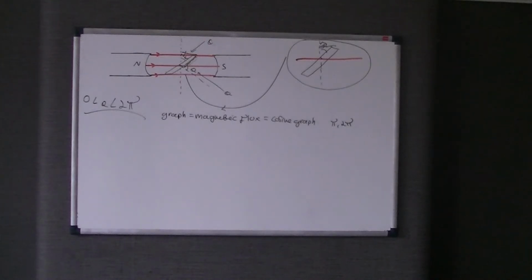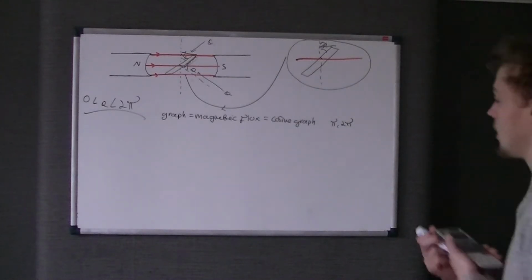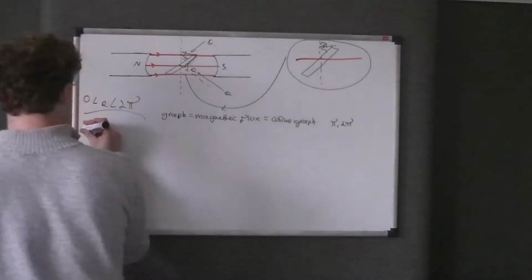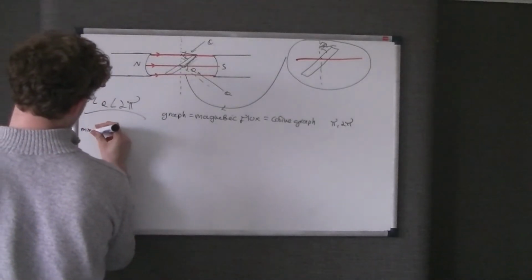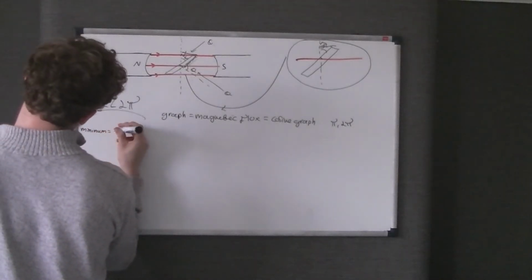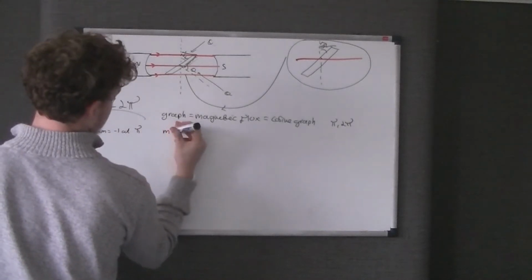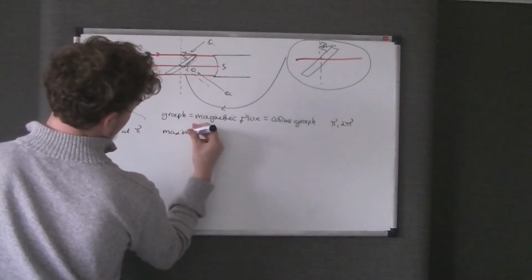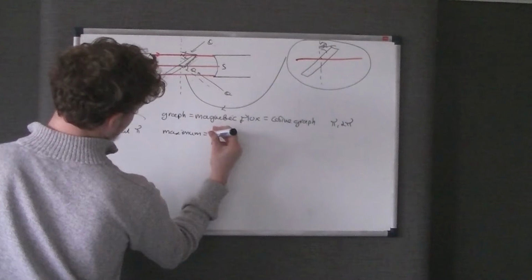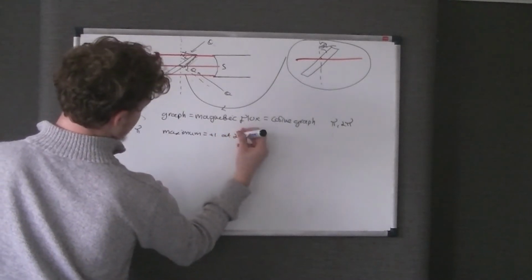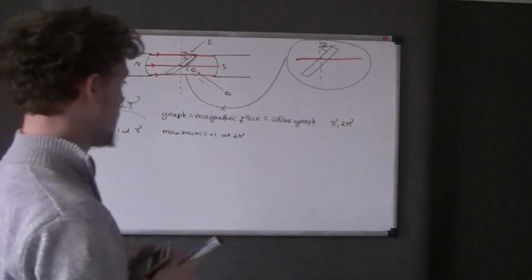Cos of pi is -1, so it's a minimum of -1 at pi, and it's a maximum of +1 at 2 pi. And why do we care about this? Well, this cos graph is going to show the magnetic flux.